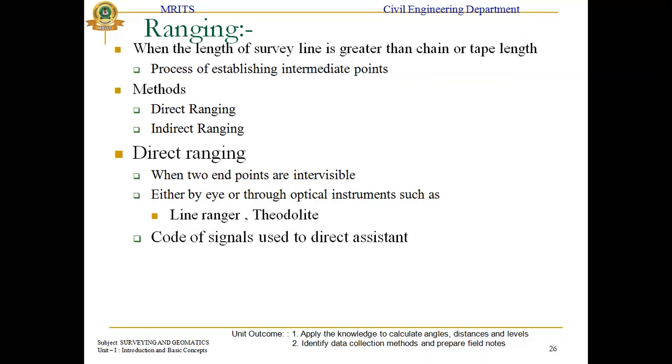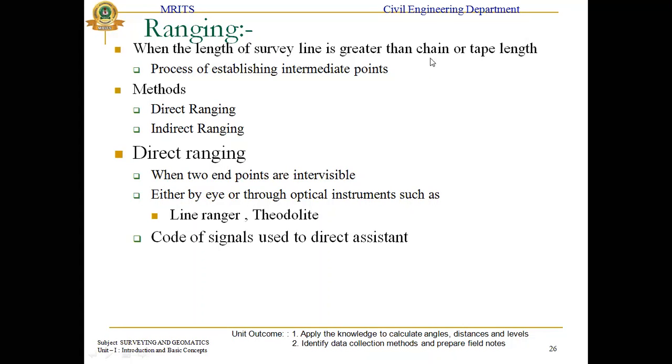Next, coming to indirect ranging, where code signals are used for direction, left side or right side, with hand signals visible. At that time it will be left or right, not by voice, though some people still call out to come to the left side, not the right side, come up, down. Here the example shows left or right signals.